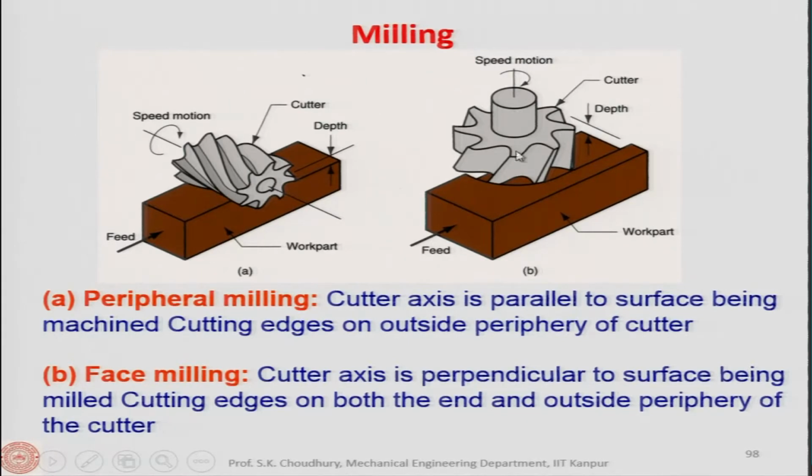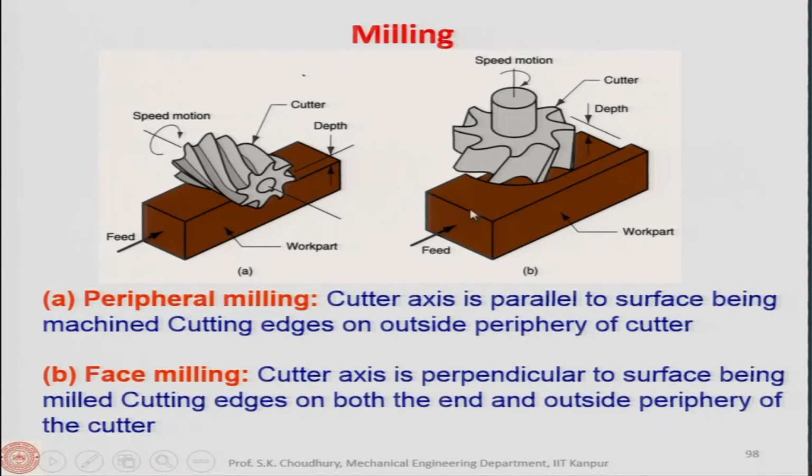The face is at a 90-degree angle with the axis, and on the sides, the outside periphery. Here also we have cutting edges, in comparison to peripheral milling, where the cutting edges are only on the outside periphery. Here the cutting edges are on the face as well as on the outside periphery.